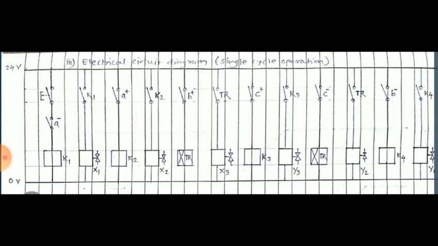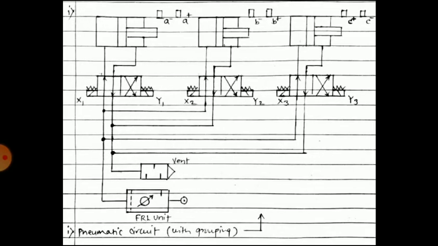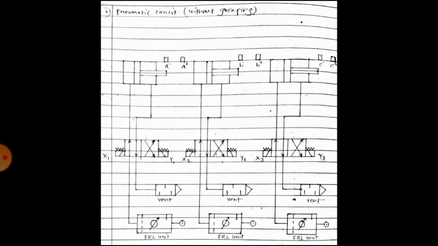Relay coil K2 activates relay switch K2, that is the fourth line, and relay switch K2 will activate the solenoid X2. You can see here the solenoid X2, it is for cylinder B. When X2 is activated, the direction control valve is in its first position, and there will be a straight flow of air.